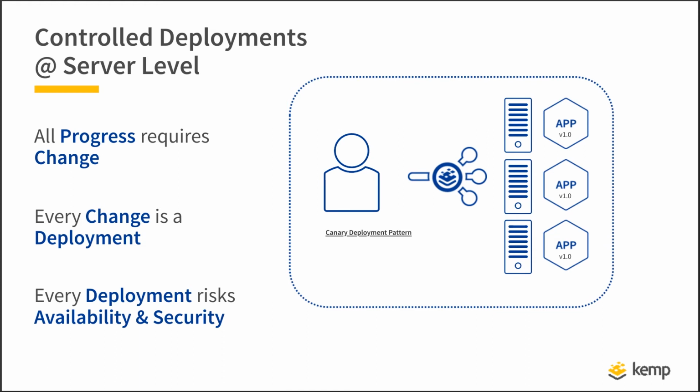In both cases, with canary and blue-green patterns, what you're really doing is limiting the risk by making changes to part of your application and always having an older version of that application to immediately fall back to, either as a complete server pool or individual servers. So you can imagine all kinds of changes that can be happening at the application or server level here that would have a security impact.